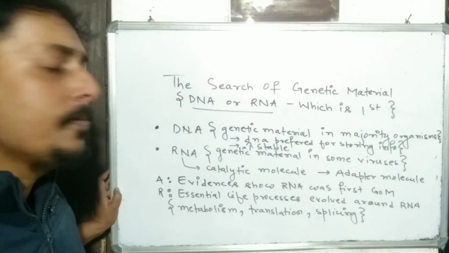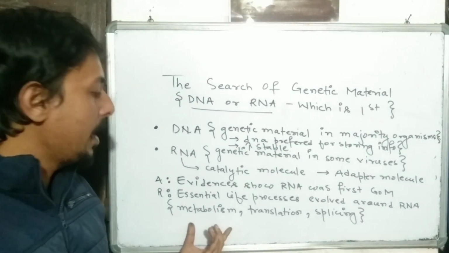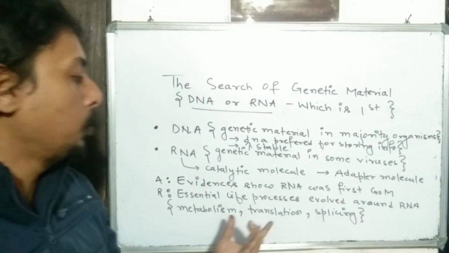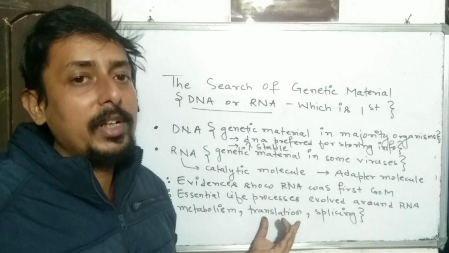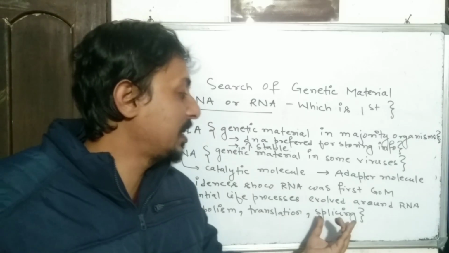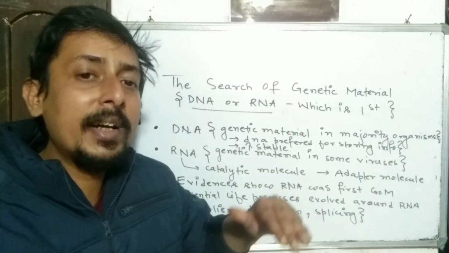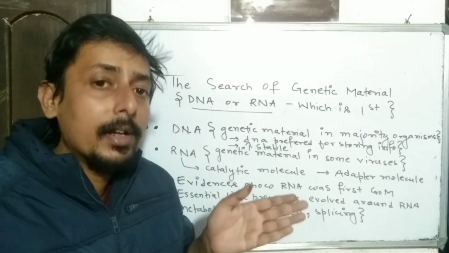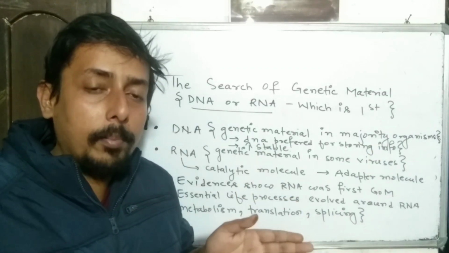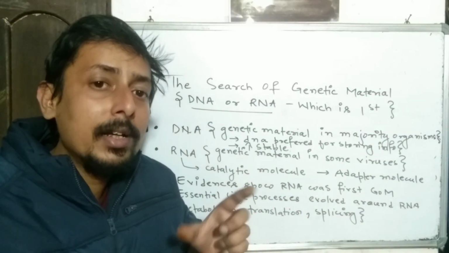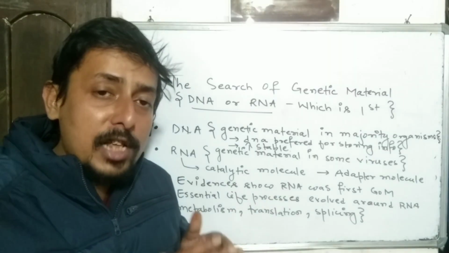What were these essential life processes? Number one, metabolism. Number two, translation. You know, translation means protein production. Number three, splicing. You know, in transcription, where the RNA is formed from the DNA, that RNA is transformed.